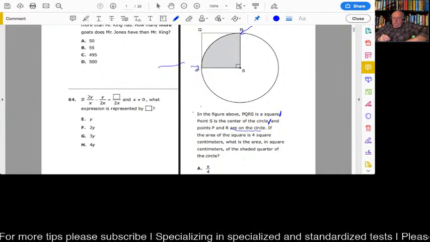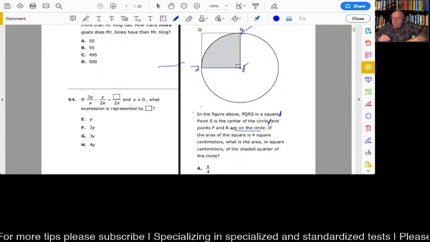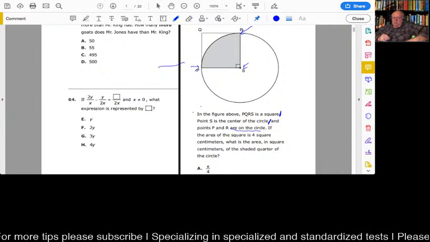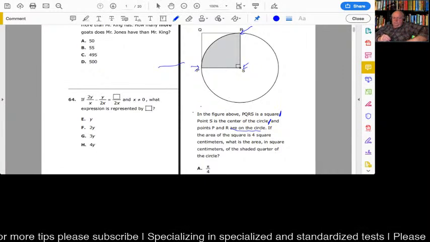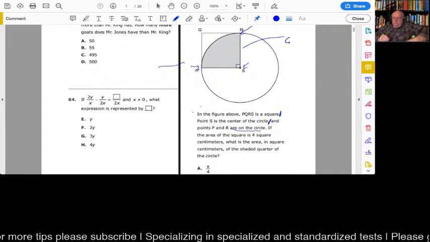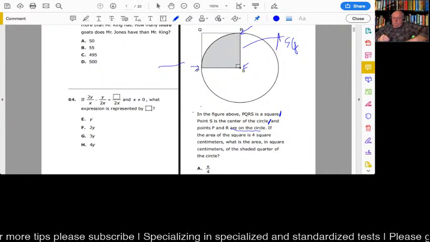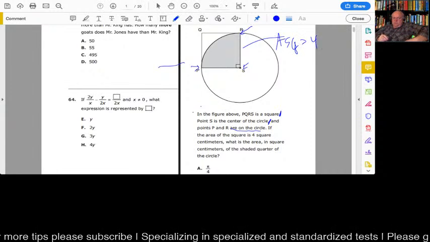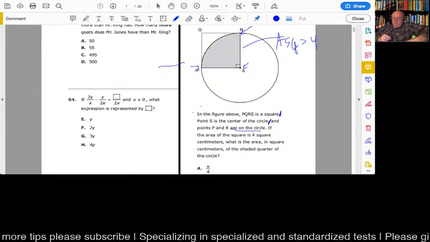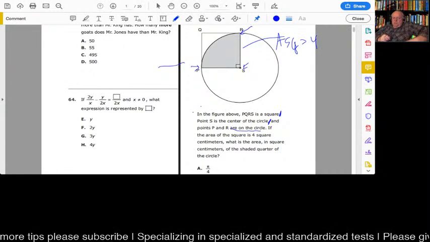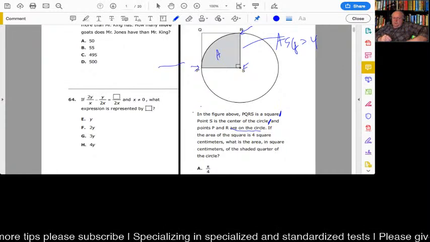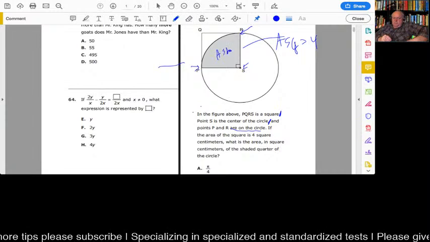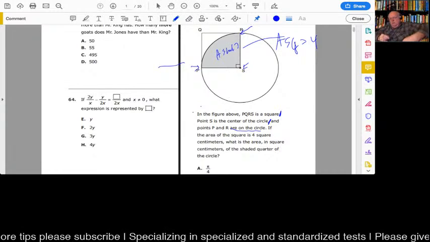We also know this is the center. If the area of the square is 4, the area of the square is 4. What is the area in square centimeters of the shaded part? So they want the area of the shaded part.